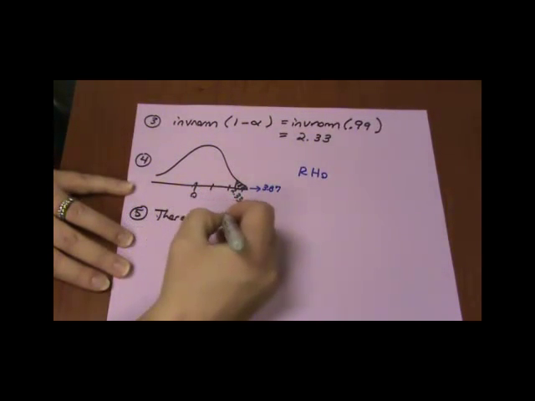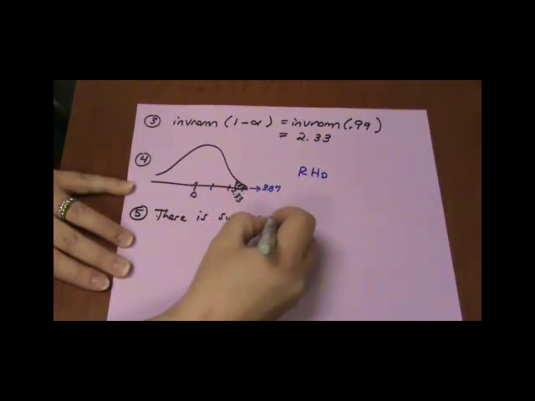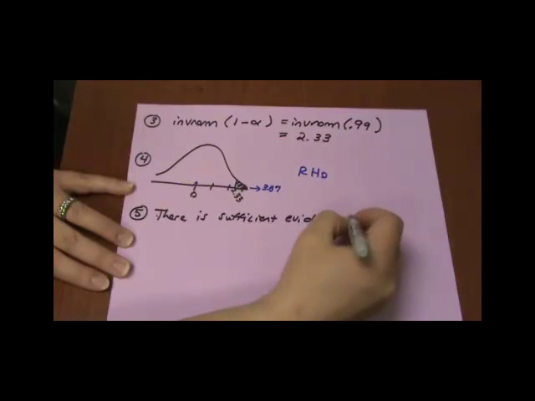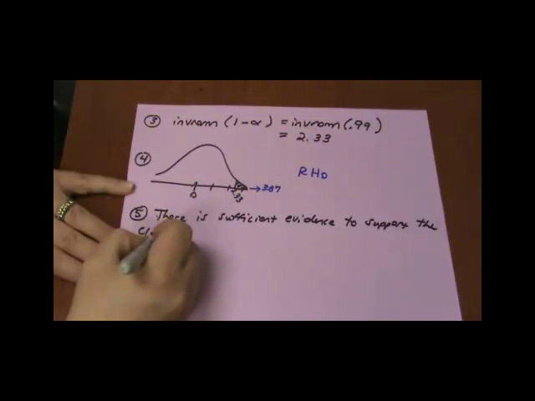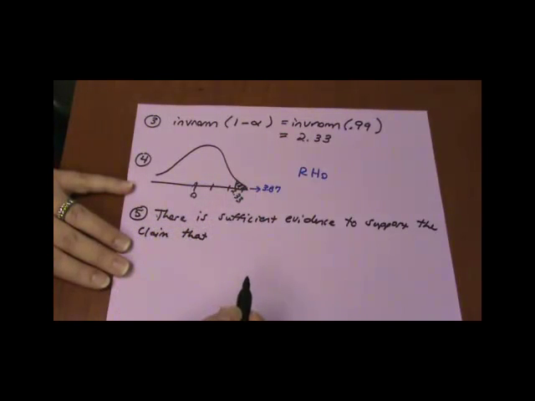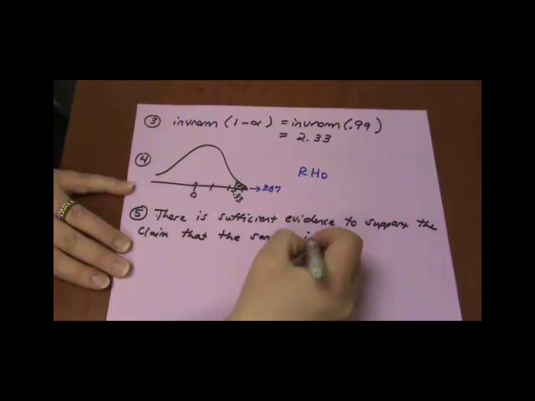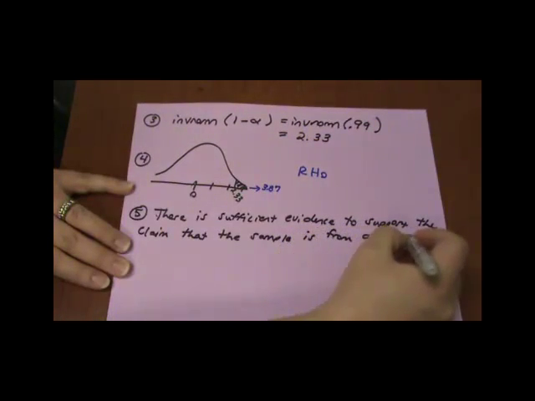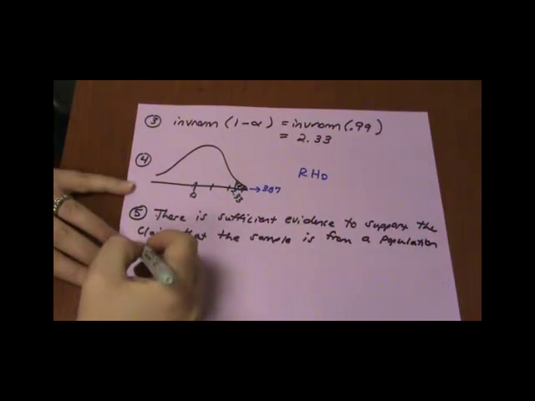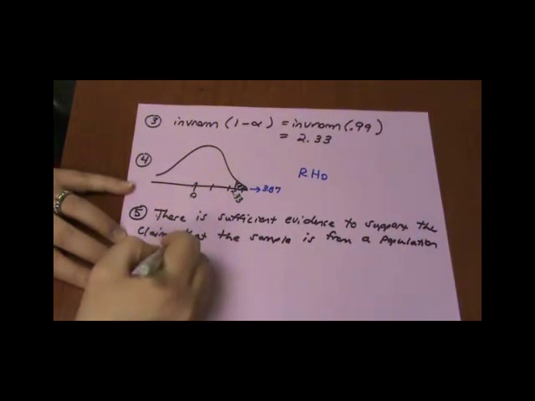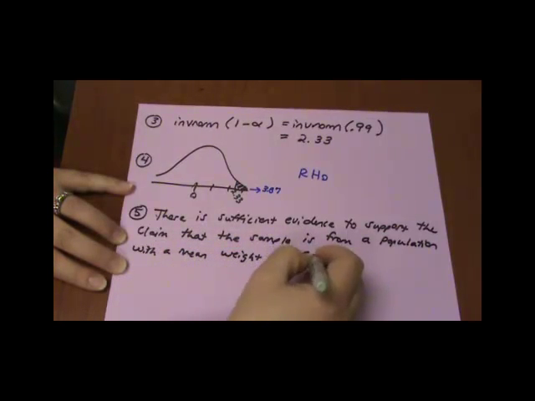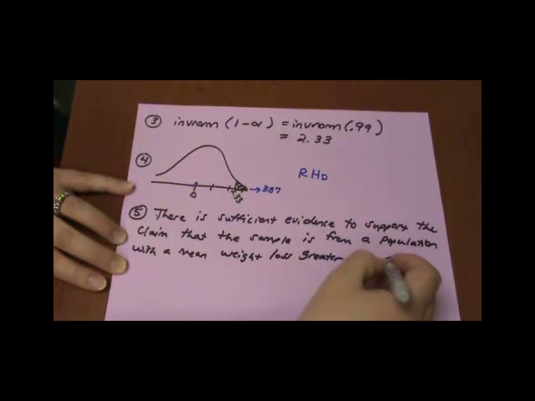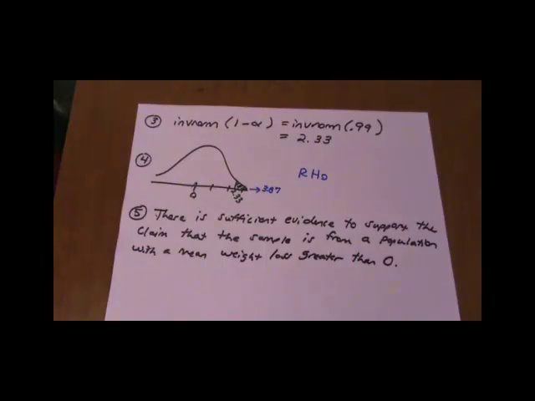I can say there is sufficient evidence to support the claim that the sample is from a population with the mean weight loss greater than 0. Okay, now why are we supporting when our answer was to reject?